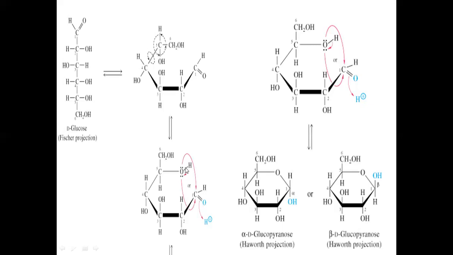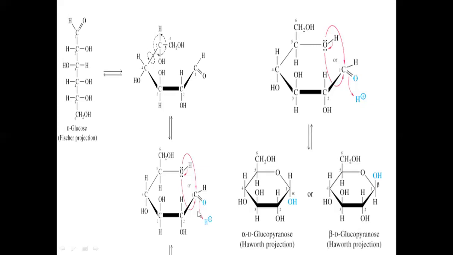These electrons, remember the arrow is showing, are coming to the oxygen atom there. And then this hydrogen will be H plus, a proton.